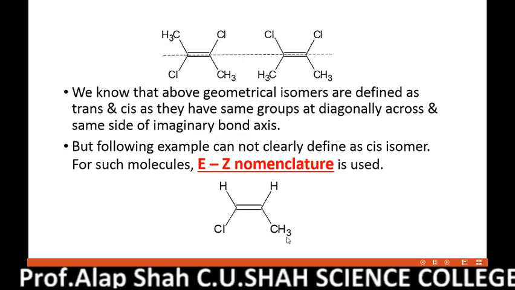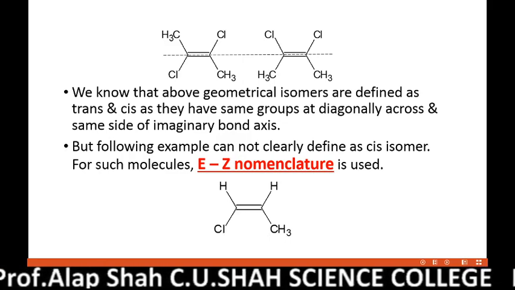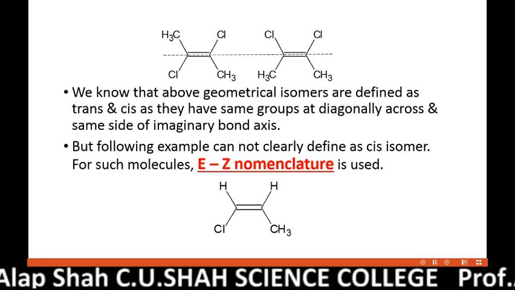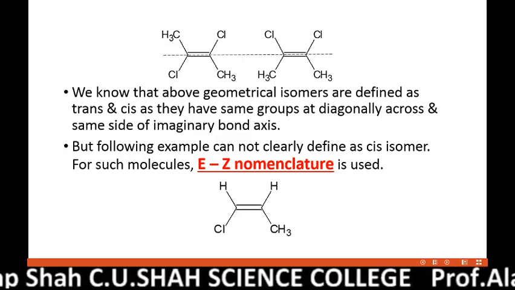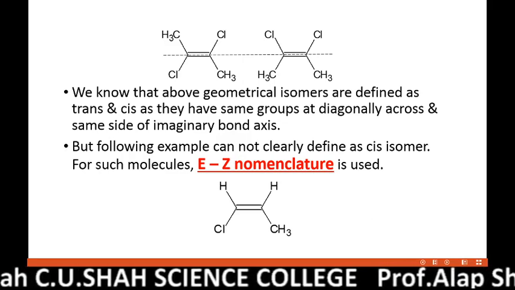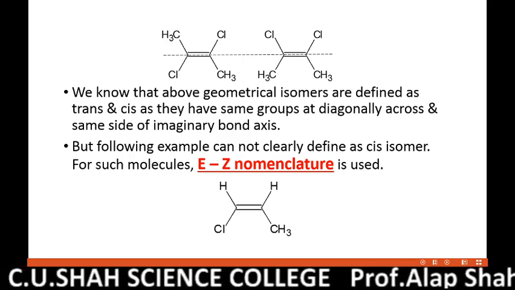So for such compounds which cannot be defined as cis or trans, to distinguish between their configuration, we use EZ nomenclature.